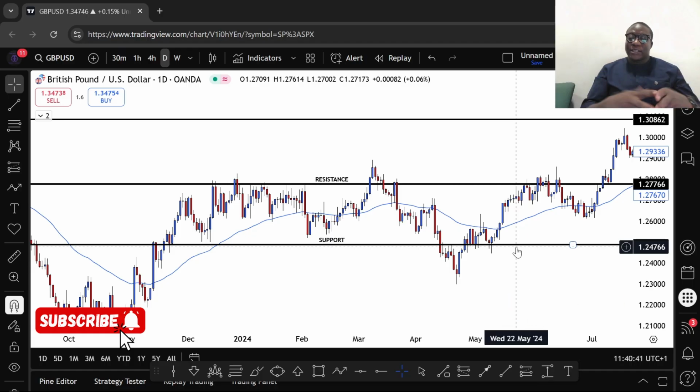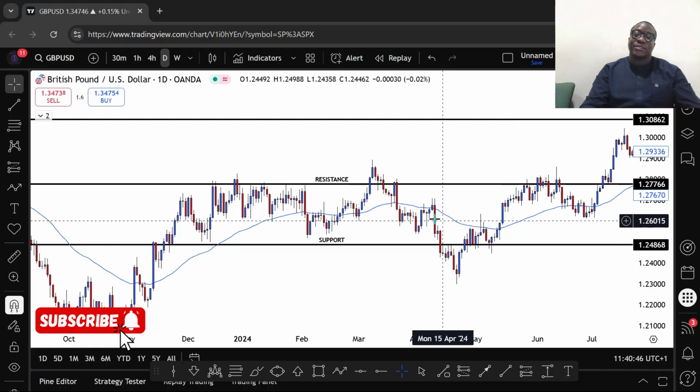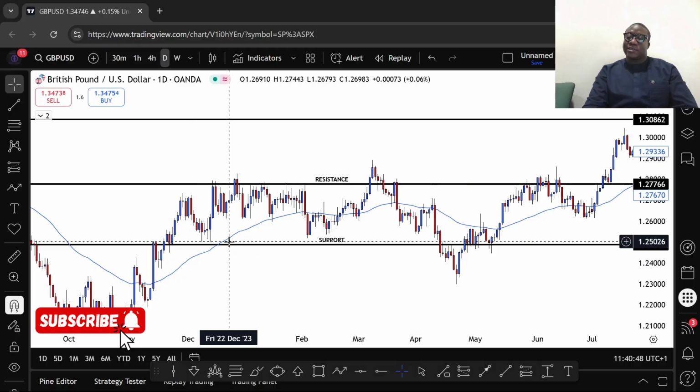At the end of the day, the market data, these candlesticks that we have on our chart, is the market telling us a story of what has happened. And we have to look at the story and interpret it in order to know what can potentially happen in the future.